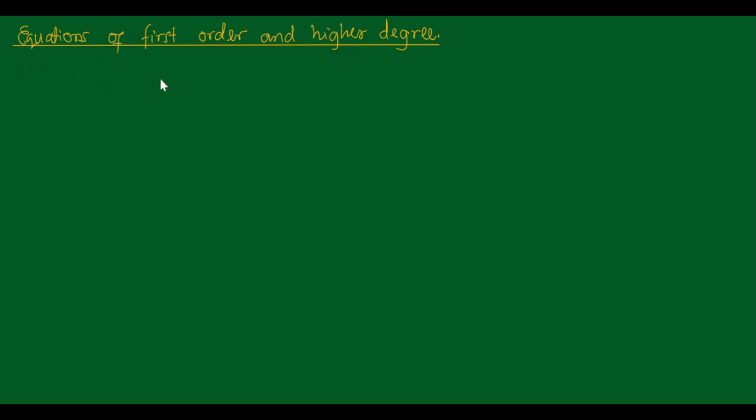In order to solve these types of differential equations, we will represent the derivative of y with respect to x, that is dy dx, by an arbitrary letter, say p, and I'll be using p for most parts of this video. You can use any other letter of your choice as long as you are not using the dependent and independent variable.